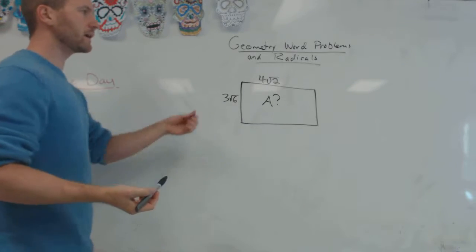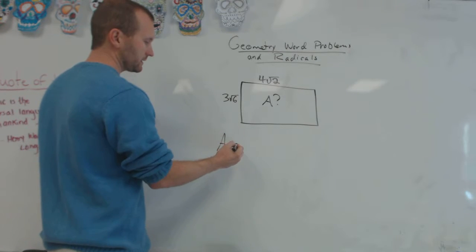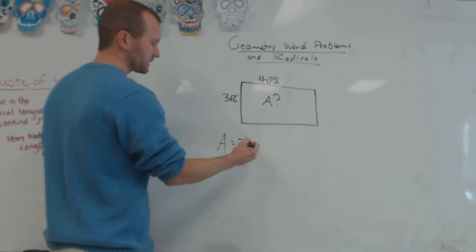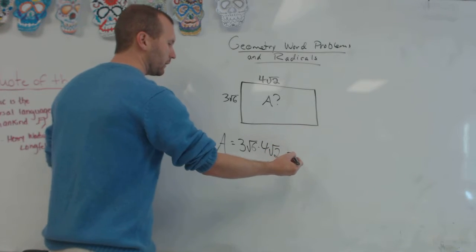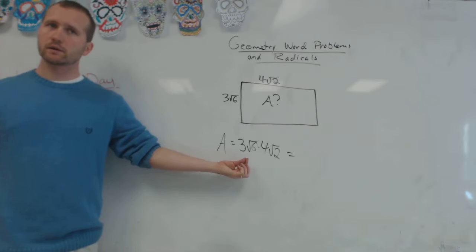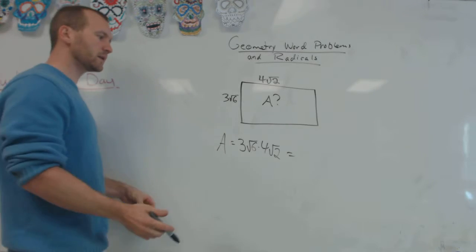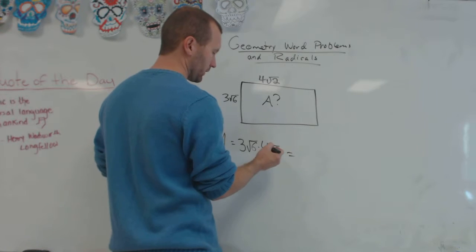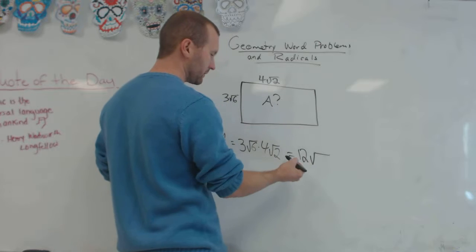So the area of a rectangle is one side times another side. And in this case, the area would be 3 square roots of 6 times 4 square roots of 2. And now we're going to need to combine those into 1 square root. So the 3 times the 4 is going to be 12, square root of 6 times 2.